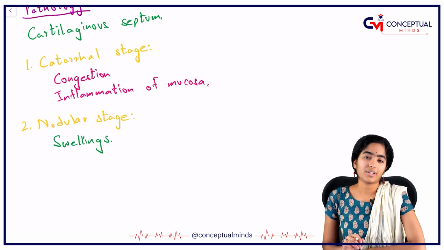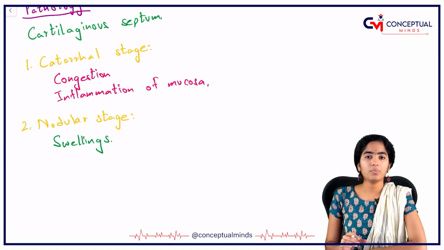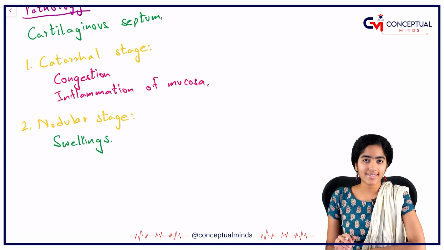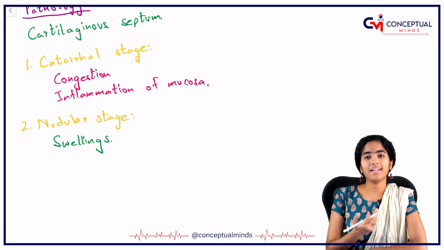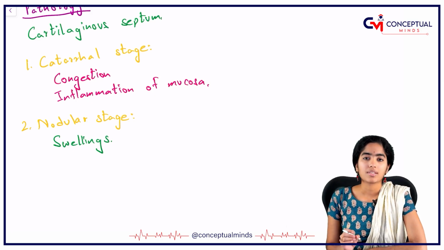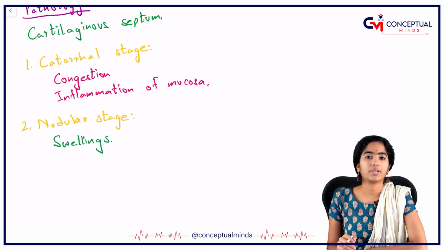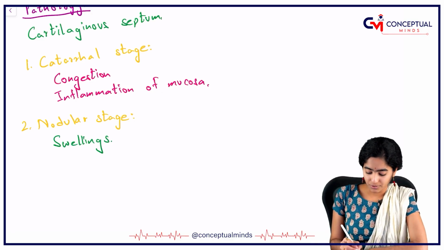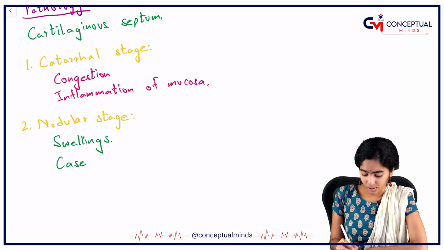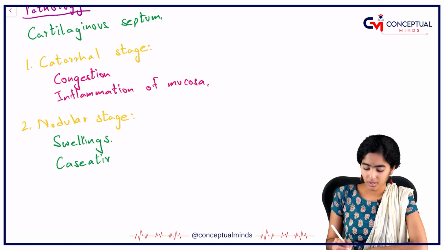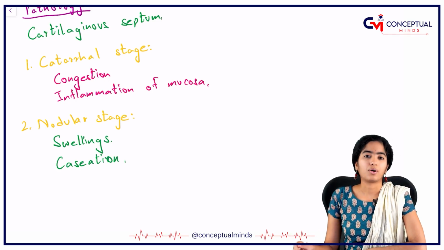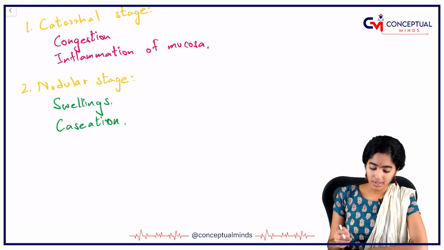So what are granulomas? They are tumor-like swellings, and these are seen in the septum. So they are bilaterally visible. The septum is swollen bilaterally. And as a feature of tuberculosis, upon the swelling we find caseative necrosis. Caseation is found.